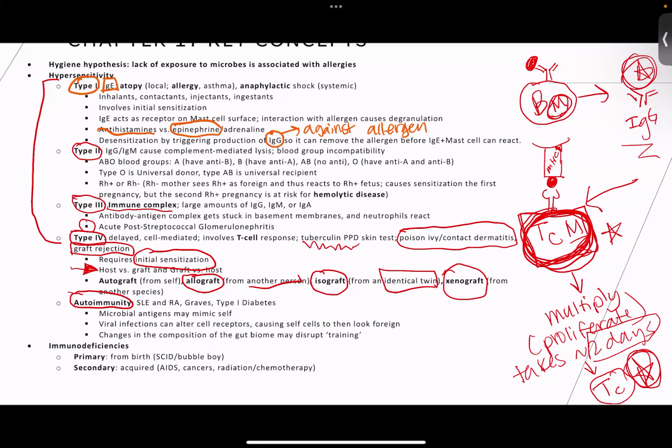This includes things like severe combined immunodeficiency, where you have a genetic defect that inhibits your ability to create appropriate B cell and T cell responses. So you get no adaptive immunity. You never get memory to any infection ever, forever, for the rest of your life. These people that have this usually die very early on in life.